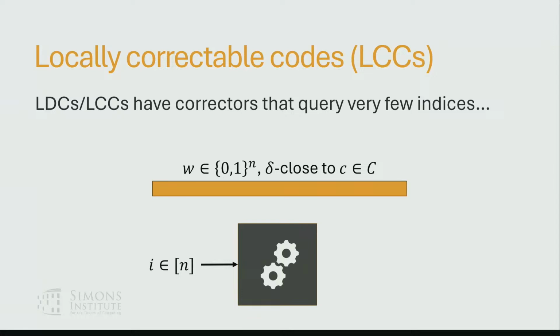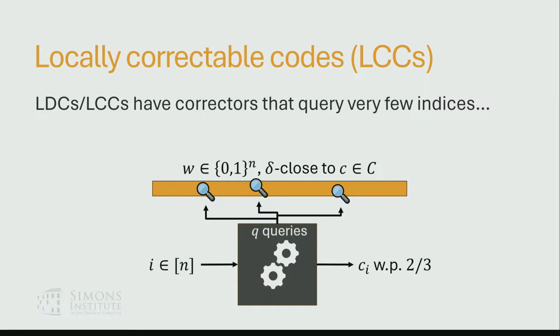If you have an input string W, which has some bounded corruption from the locally correctable code, here's a capital C, then for any index I which you want to correct from W, you give the index to this algorithm, and the algorithm decides on some Q spots to look at in your input W. These are the only spots that it's going to be allowed to look at. And after it makes these queries, it should be able to output the corrected ith index of the closest codeword with high probability, like probability 2/3.